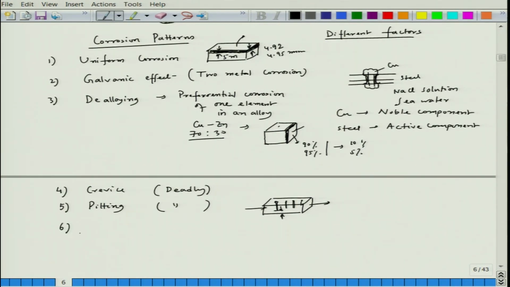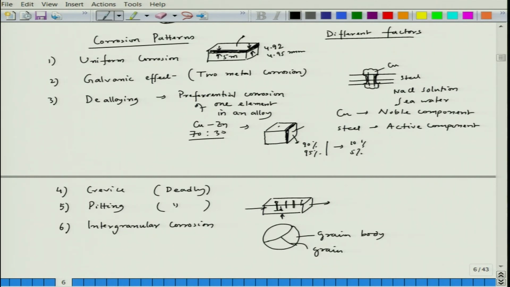Then sixth, we have intergranular corrosion. In case of intergranular corrosion, if we see a microstructure, these are the grains and this is the grain body. So, this is grain body, this is grain.